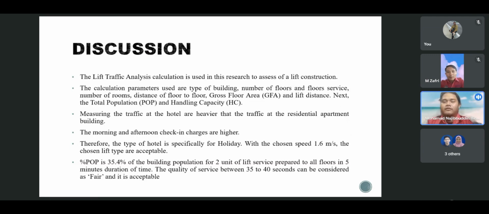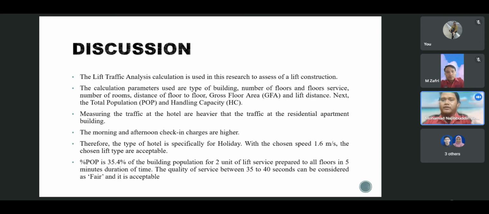Okay. For the next one, the discussion. The lift traffic analysis calculation is used in these features to assess the lift construction. The calculation parameters used are type of building, number of floors and floors served, number of rooms, distance floor to floor, GFA, lift distance, and POP and HC.